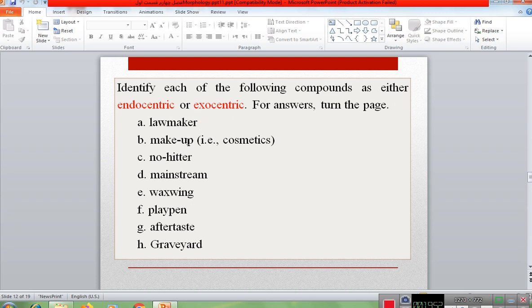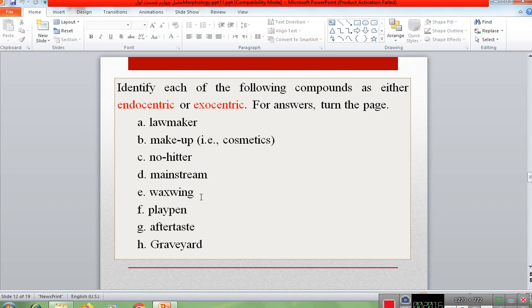For example, look at this kind of example. Lawmaker is endocentric because it's a kind of maker. Makeup is exocentric. We cannot determine the head of this word. Nosebleed, exocentric. Mainstream, again we can call it exocentric.